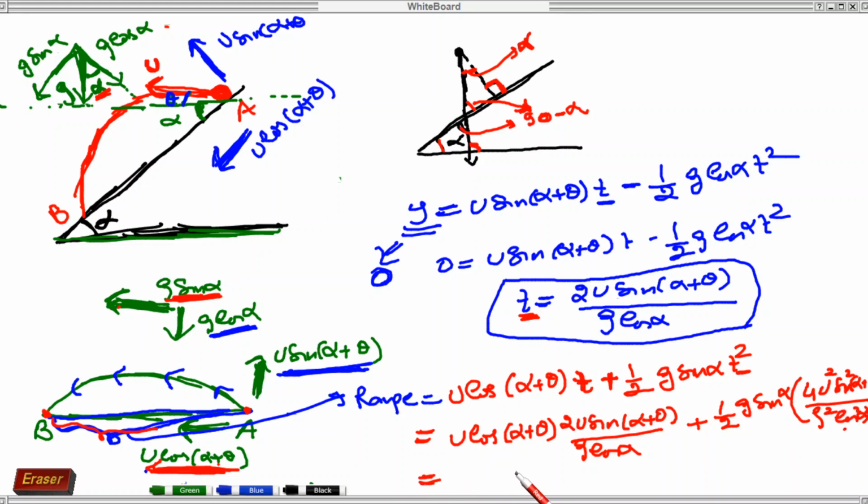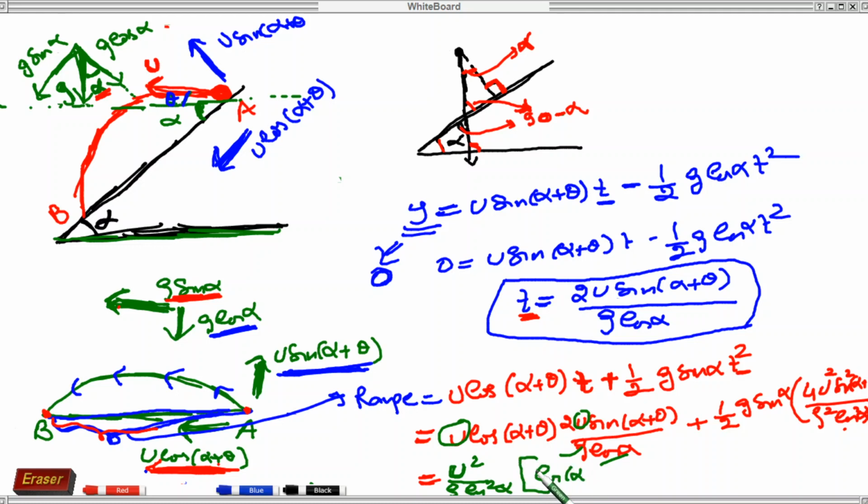When you solve it, let's take this part common. Our equation will become u squared over g cos squared alpha. So what would be left inside?